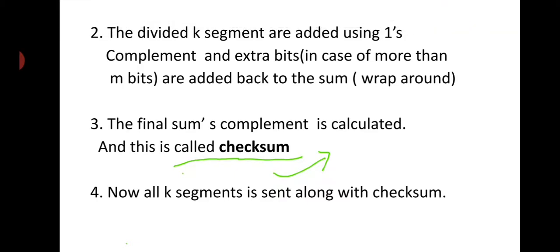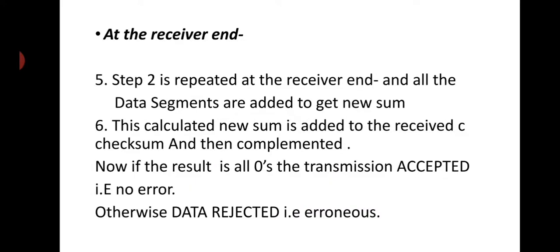At the receiver end, step 2 is repeated and all the data segments are added to get a new sum. When the receiver receives the data units, it also calculates the sum of the k segments.